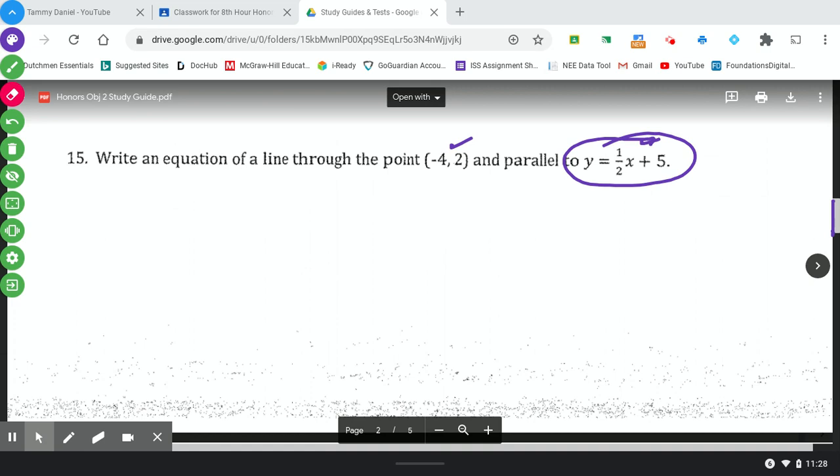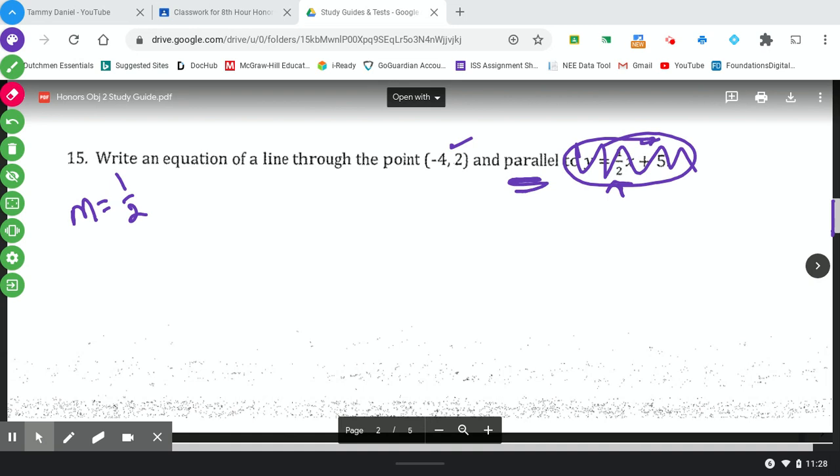The slope of that line is 1/2, and it says that it's parallel. So if it's parallel, that means our slope that we're looking for is also going to be 1/2, because when they're parallel, their slopes are exactly the same. That's all we need from that equation. We don't need anything else from it. We just need the slope, and to see whether or not it's the same or if it's the opposite reciprocal. In this case, it's parallel, so they're the same slope.